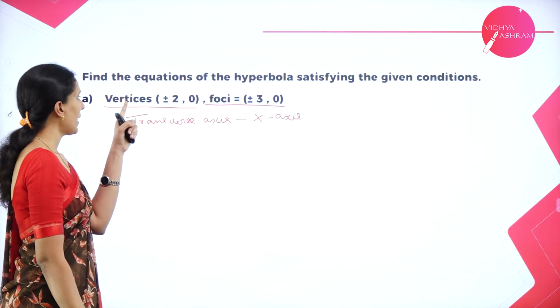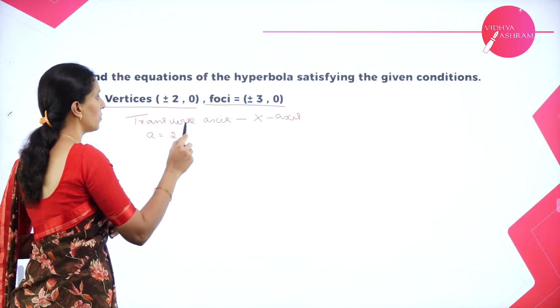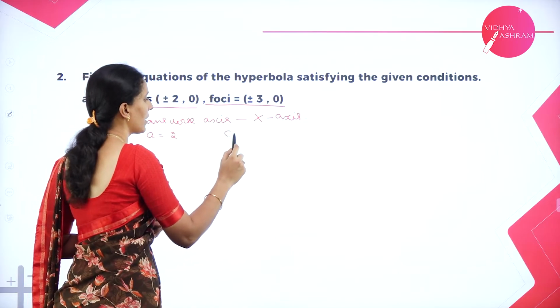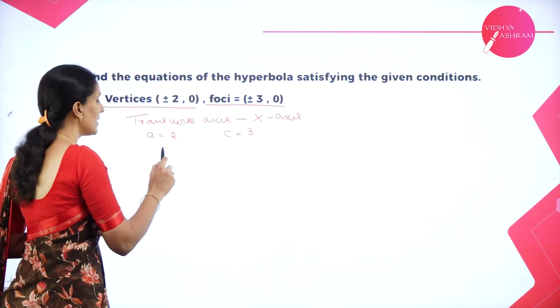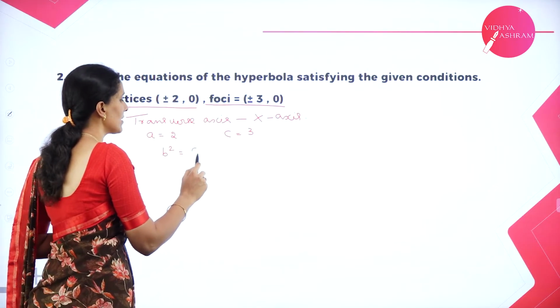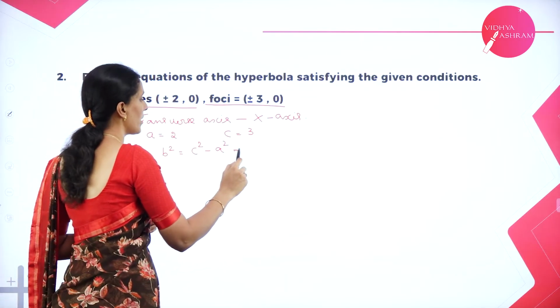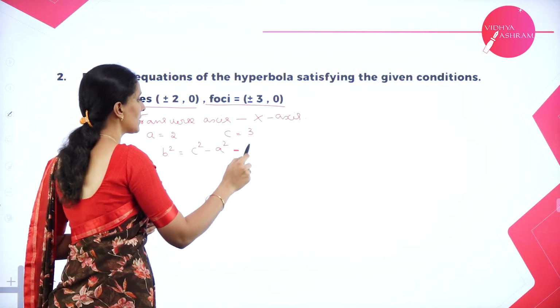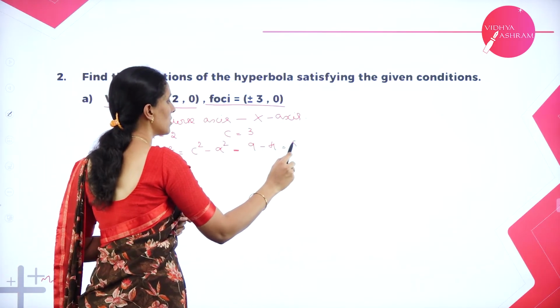So now by writing the vertices, we can find the value of a is equal to 2. And by looking at the foci, we can write the value of c is equal to 3. So if we want b square, then it is c square minus a square. So c square minus a square means it is 3 square, 9, minus a square 4, which is 5.